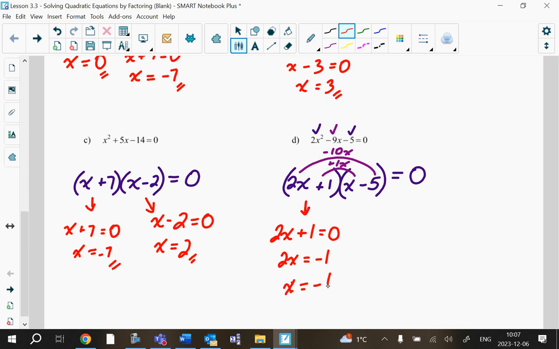That's one answer. The other answer will be whatever value of x makes the second factor, x minus 5 equals 0. What's x here? 5. There's our two solutions. -1/2 works, so does +5.